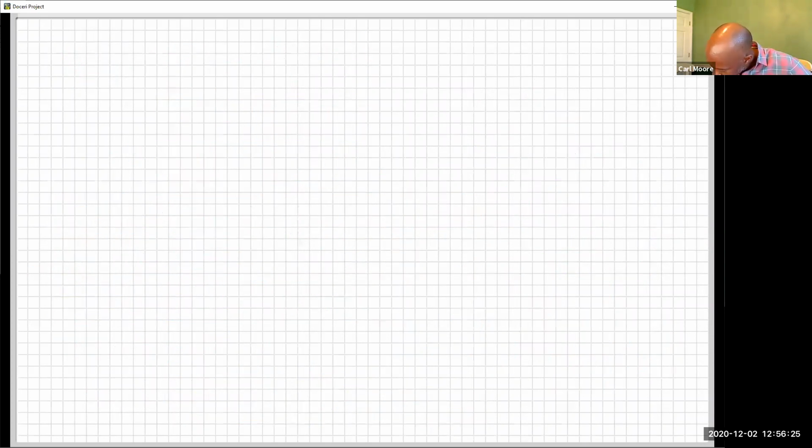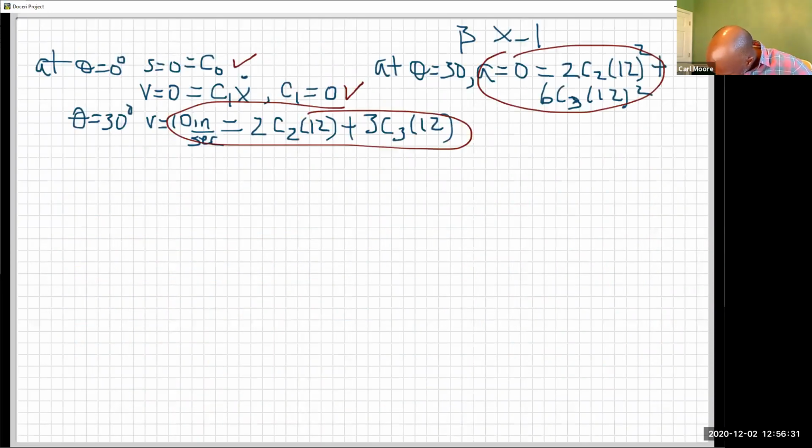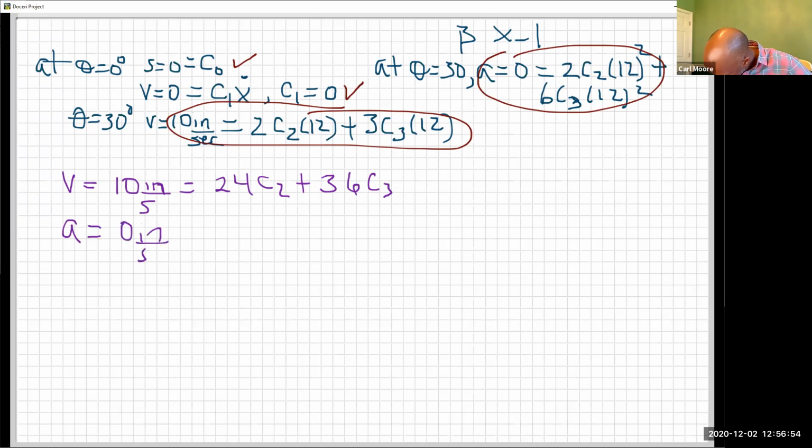Okay, and so I'm going to rewrite those equations just so they'll look a little neater. We have V equals 10 inches per second, equal to 24 C2 plus 36 C3. And A is equal to 0 inches per second squared.